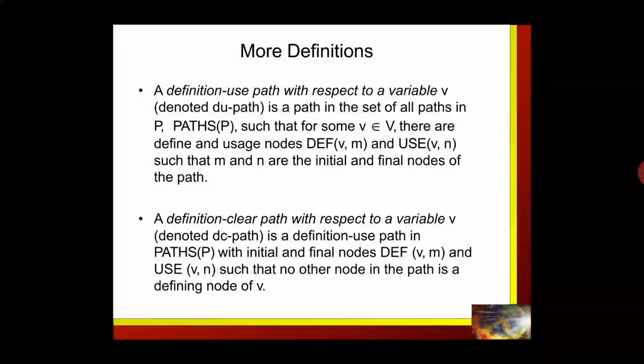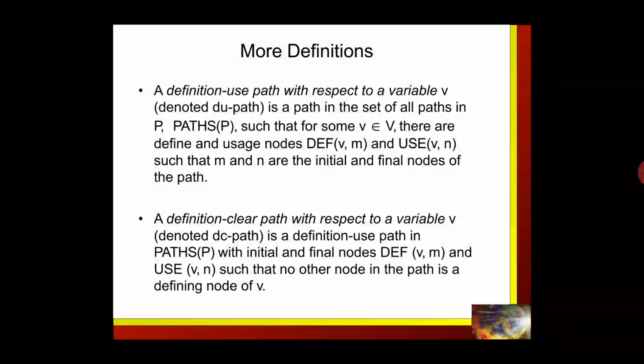But here in the DC path, only one defined point is there and only one use point is there. There is no other defined point between m and n. So if the path contains only one defined point and only one use point, then it is called a definition clear path, or DC path. This is the main difference between DU path and DC path.